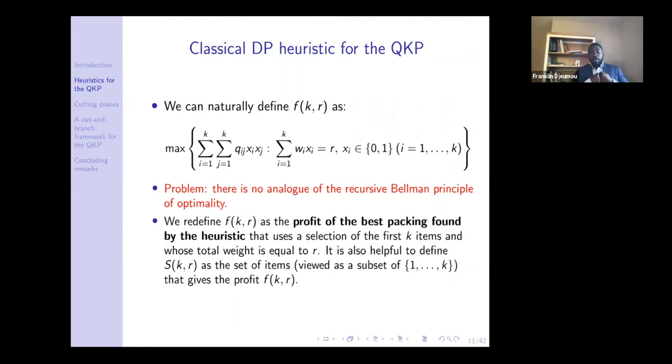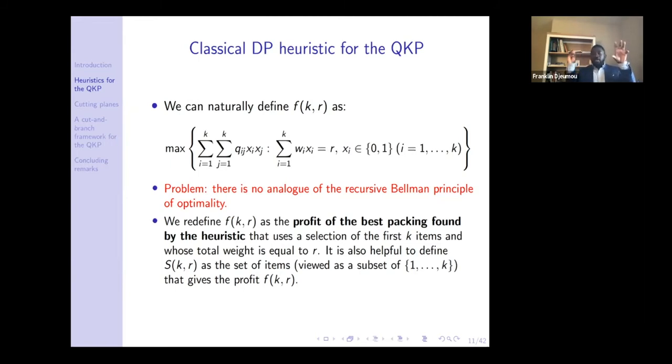Okay, so what we did is that we first redefined the meaning of this state function. So instead of defining it as the maximum obtainable profit, we define it as the best packing found, because now it becomes a heuristic algorithm.